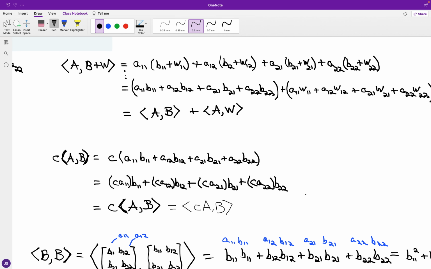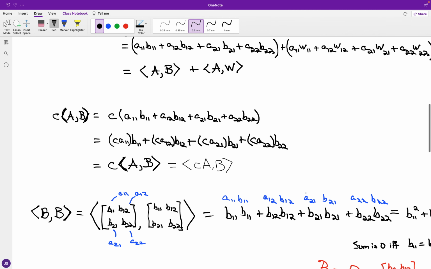Now, for testing out the fourth axiom, we have the inner product of B and itself. Just taking the inner product, we replace the matrix A with B and look at the elements. So we've got B sub 1 1, B sub 1 2, B sub 2 1, B sub 2 2 in lieu of our A subscripted terms.